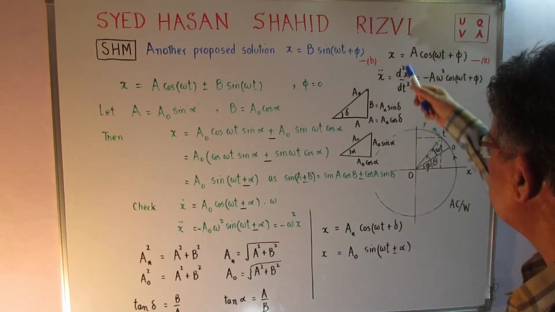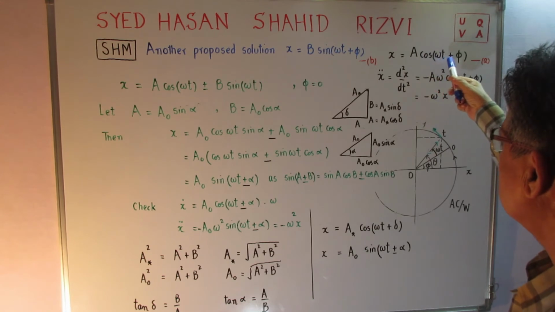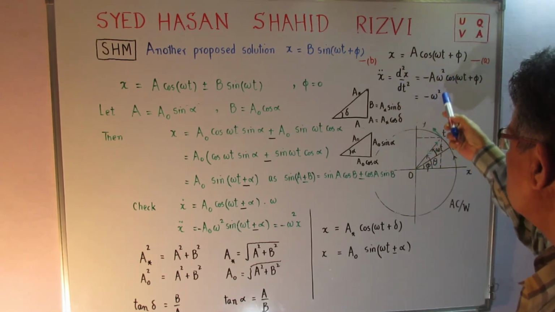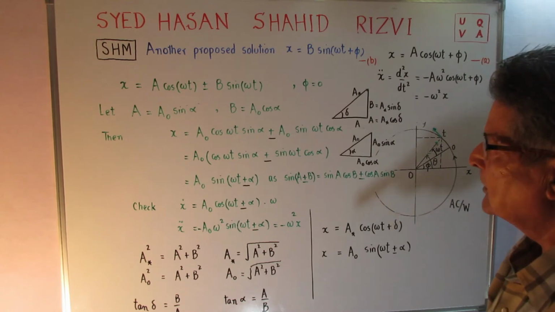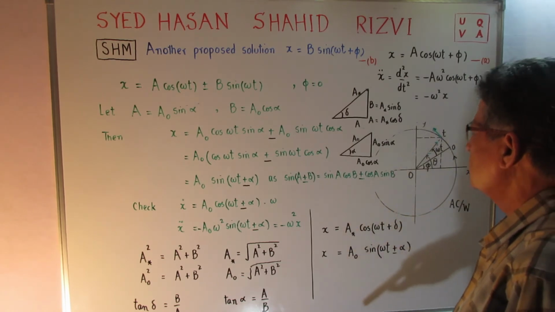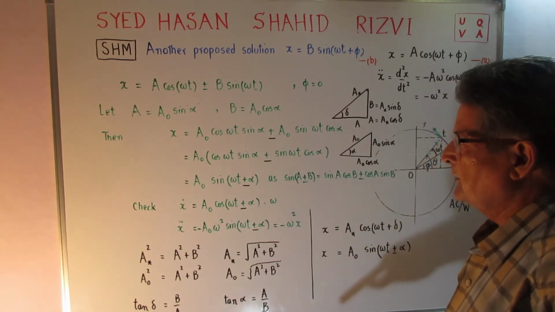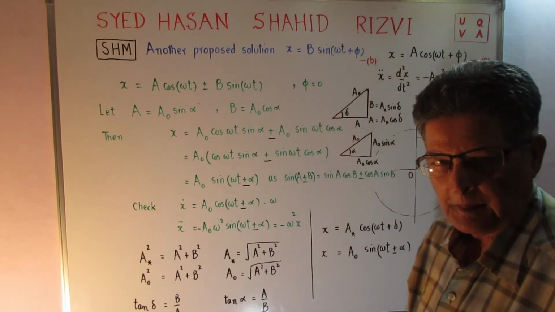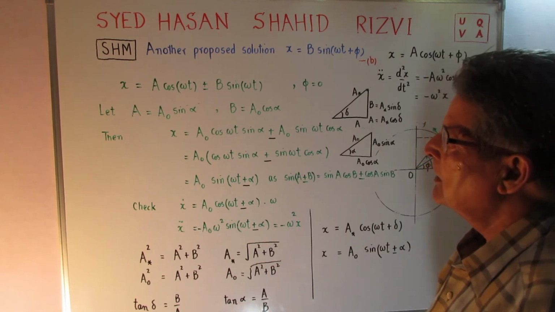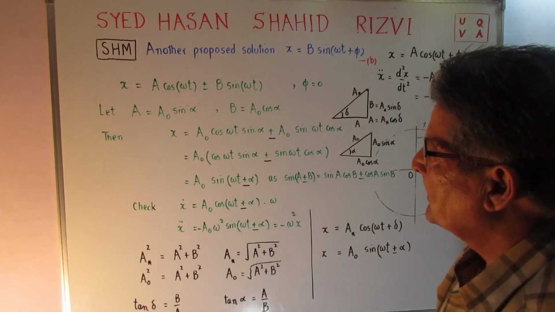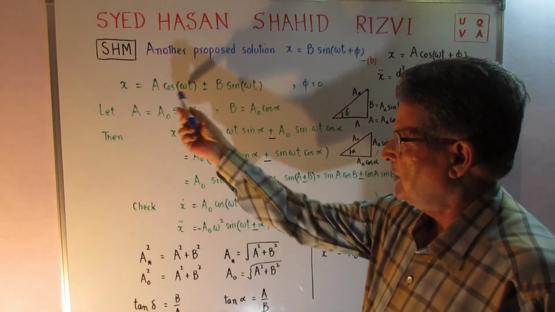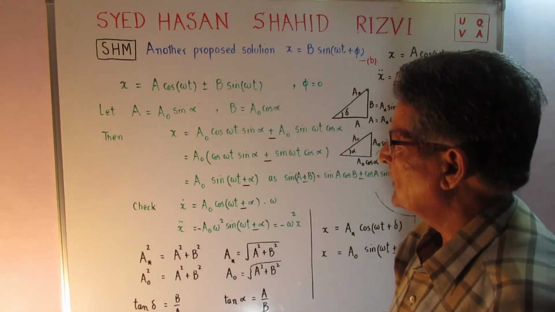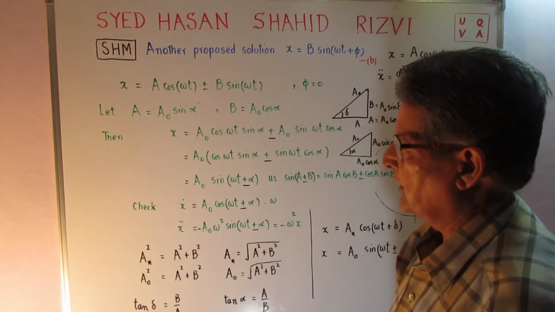the proposed solution that we had earlier was x is equal to a cos of omega t plus phi, from where we got this result and could show that this is one of the equations. Now let us take phi is equal to 0 like before, and the proposed solution I write as a cos of omega t plus minus b sine of omega t.